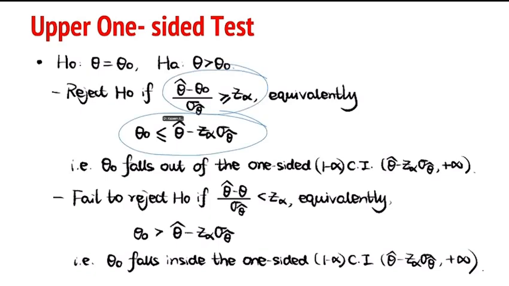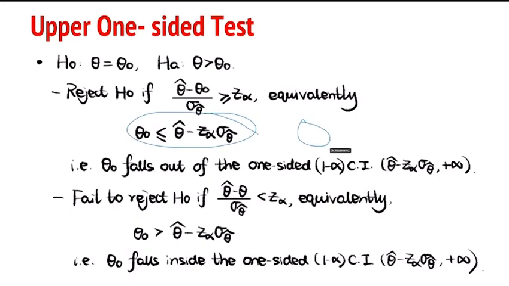Don't forget you're solving for theta naught. The only condition to reject the null hypothesis now is if your theta naught is less than or equal to theta cap lower. That is what it means.